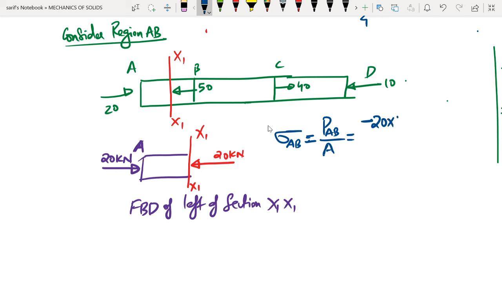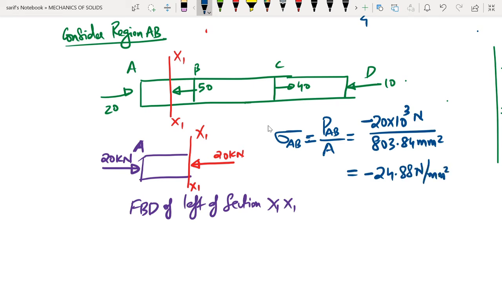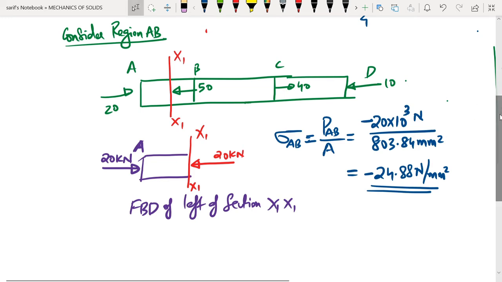So minus 20 into, let us convert it into Newton, divided by the area of cross section, 803.84 mm square. So we will get the value of stress as minus 24.88 Newton per mm square. So this is the state of stress. Now once we know the state of stress, we can also calculate the strain by dividing by the modulus of elasticity.